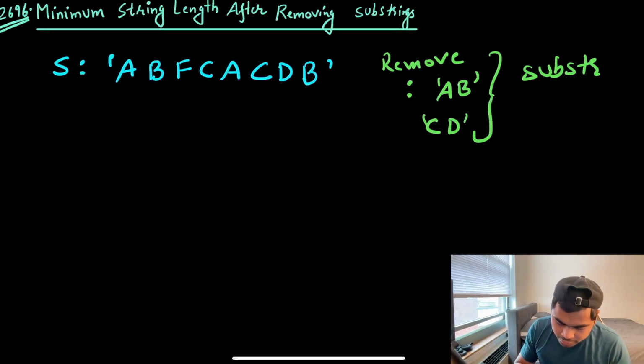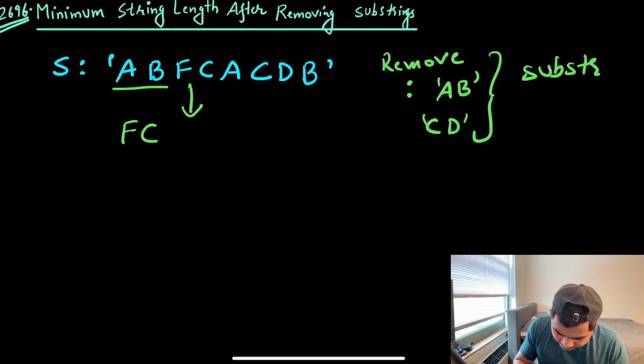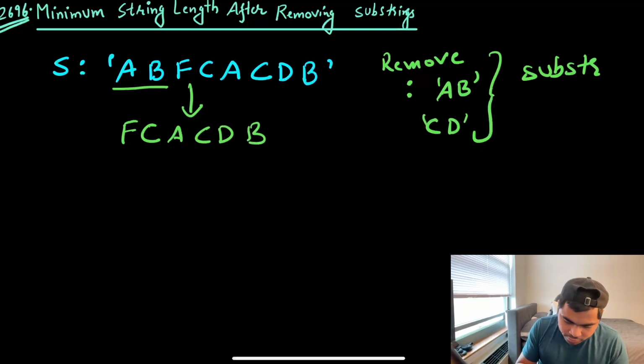So if we iterate our string over here, then we see one of the occurrences right here. So after we remove this one operation, we will have FCACDB. Then we see, okay, we now see the CD substring that we need to remove.